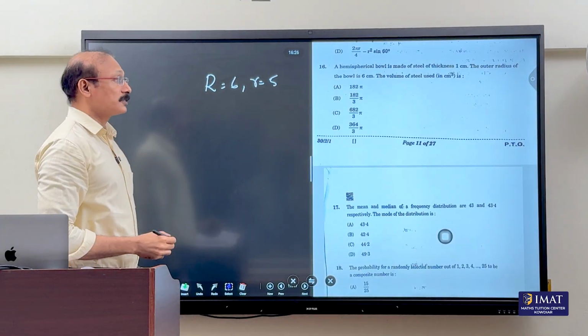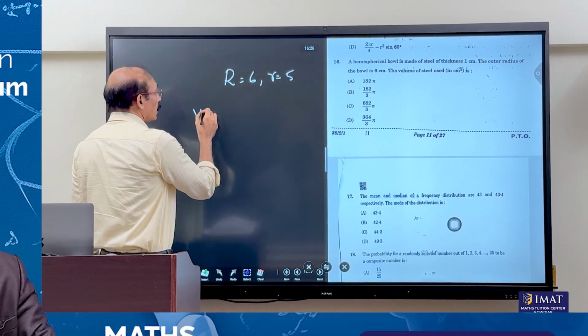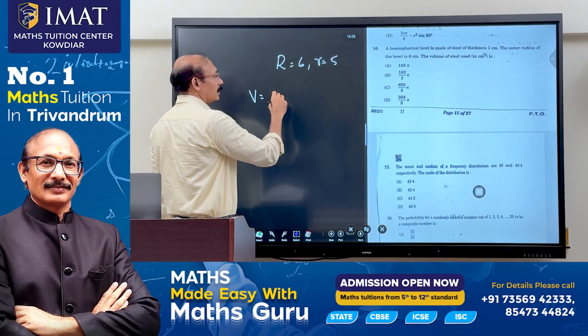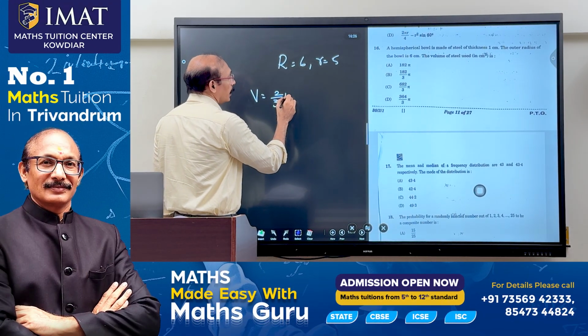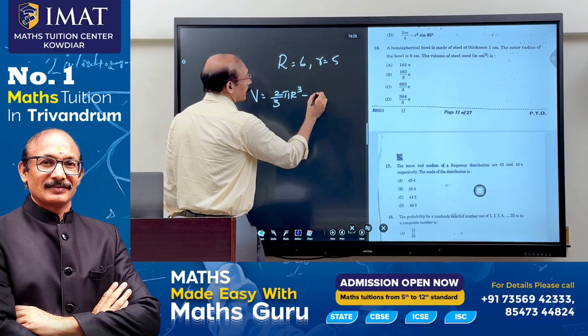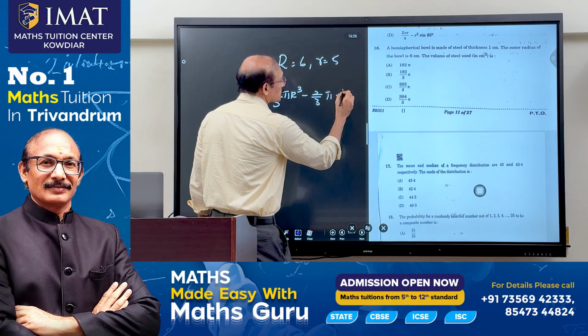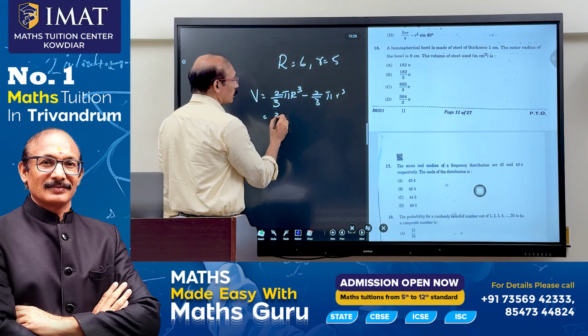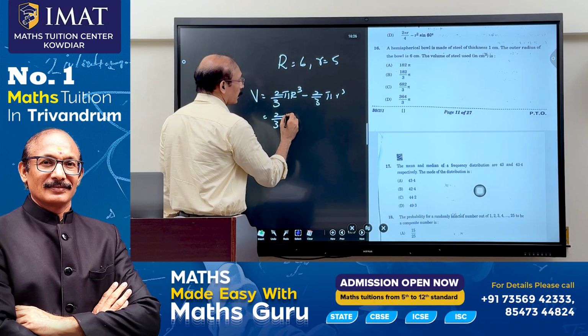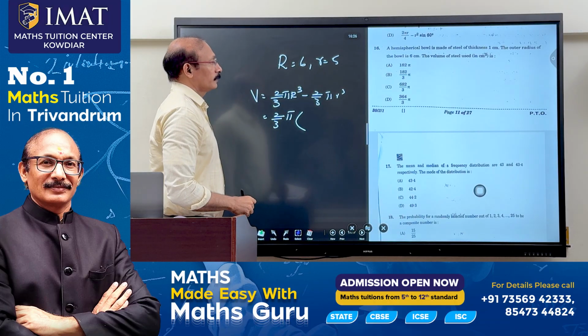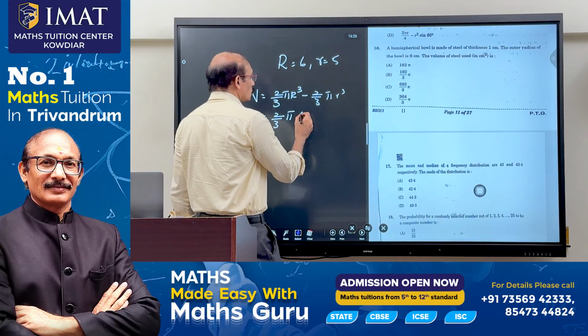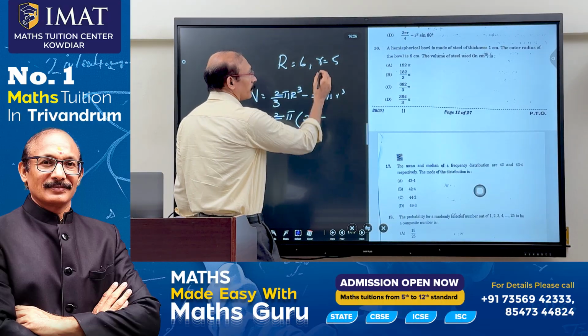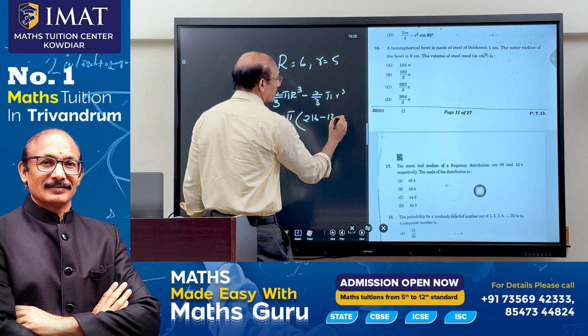The volume of the steel used is outer volume minus inner volume. So 2 by 3 pi r cube minus 2 by 3 pi small r cube. Or it is equal to 2 by 3 pi into r cube, that is 6 cube, which is 216, minus 5 cube, which is 125.